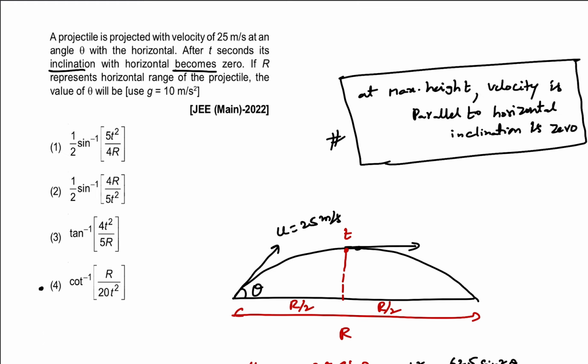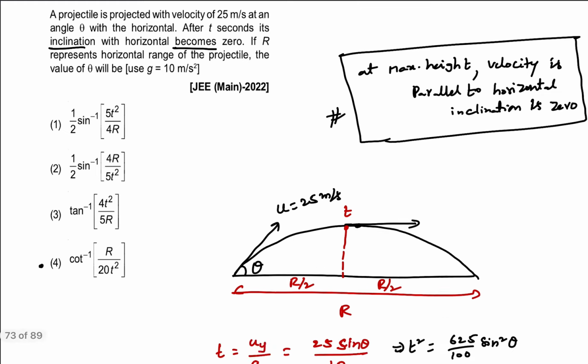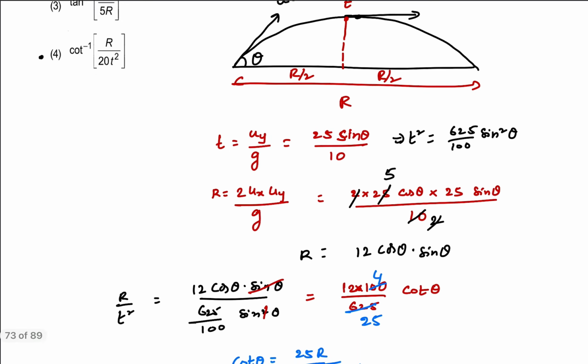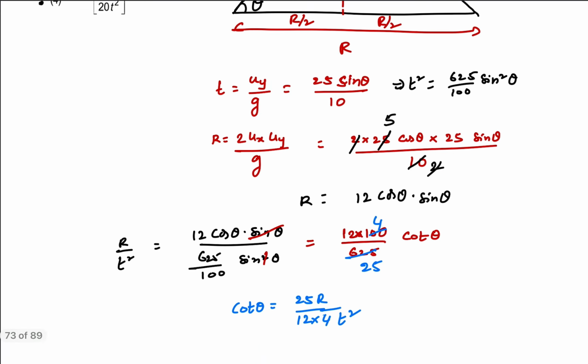They have given that r represents the horizontal range of the projectile, the value of theta is equal to how much? 25 value I have written, u square sin theta cos theta by g, and g value also I have written. Just observe that. R value, have I got the 125 sin theta cos theta? Check once here. 5 into this 125, that one, you make into 125.